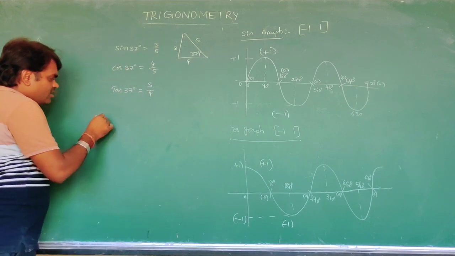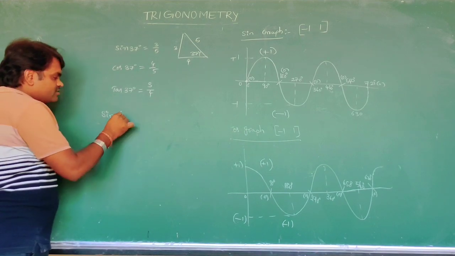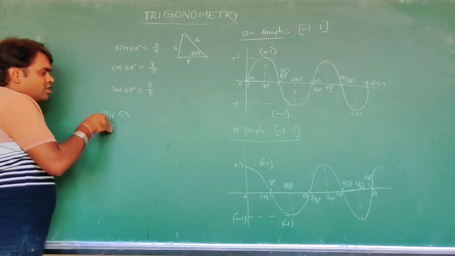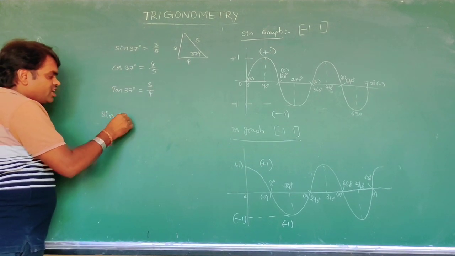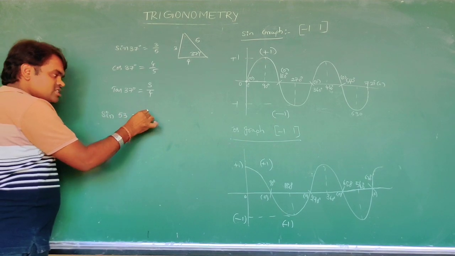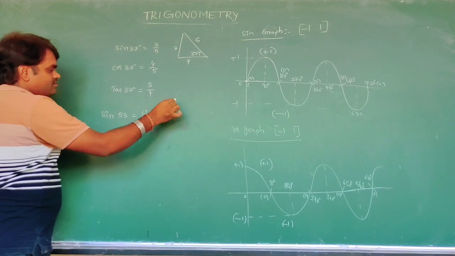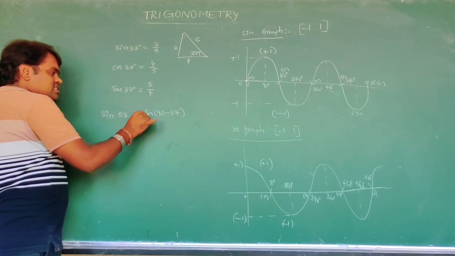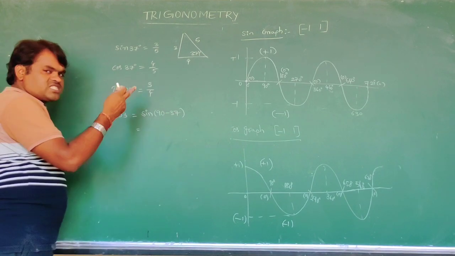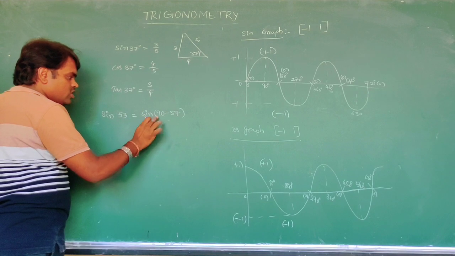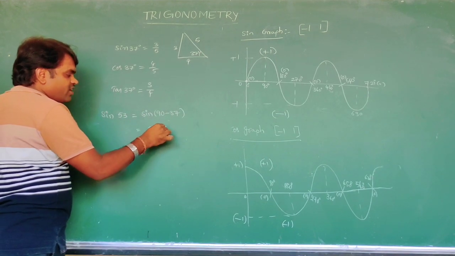Now similarly, another one: sine of 90 minus 37 is sine 53. Opposite, cos value becomes sine, sine value becomes cos. What do we write? Sine of 90 minus 37. 90 minus theta is the first quadrant, where sine is positive. 90 will be there, so it changes to cos 37.